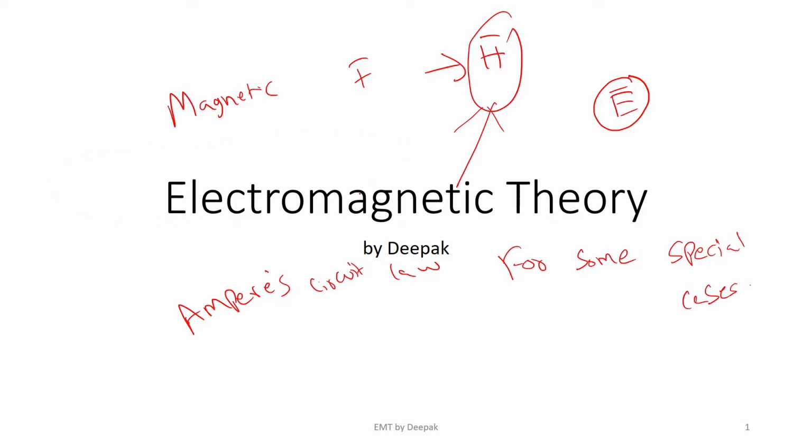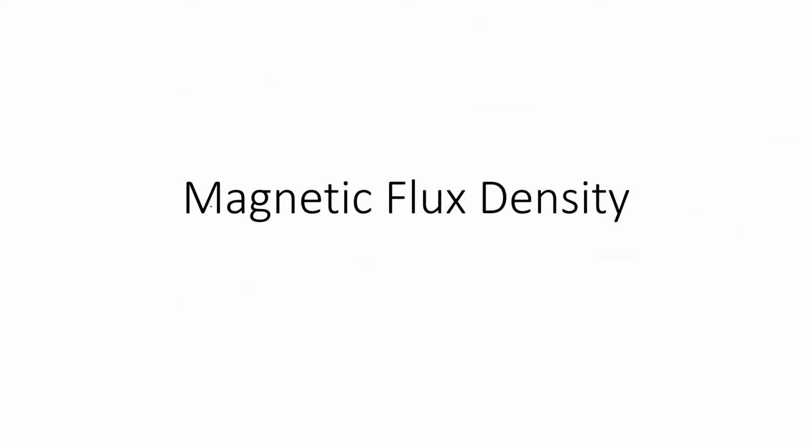You may remember that this discussion is pretty parallel to the discussion we had in electrostatics, where we used Gauss's law to determine D and E. In this module, we define a vector phenomenon called magnetic flux density, which is pretty much similar to the electric flux density.